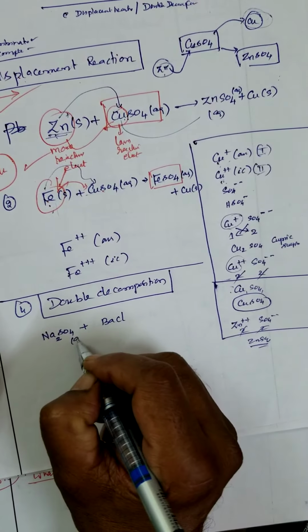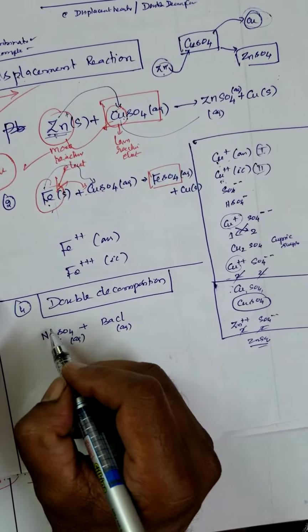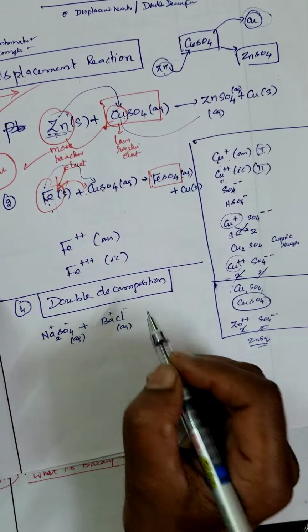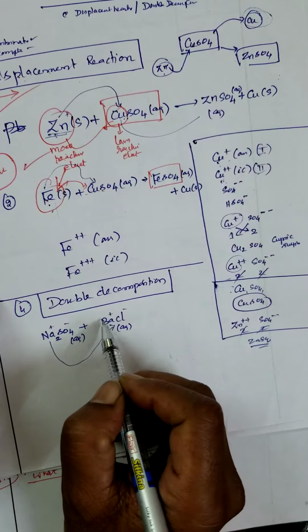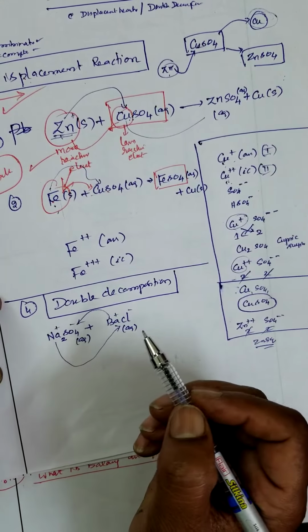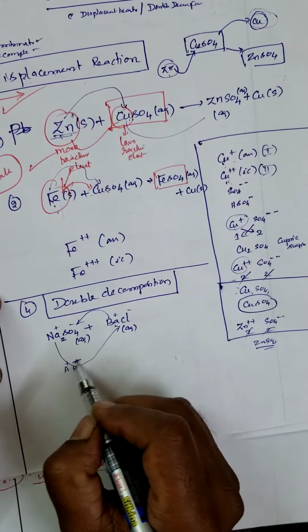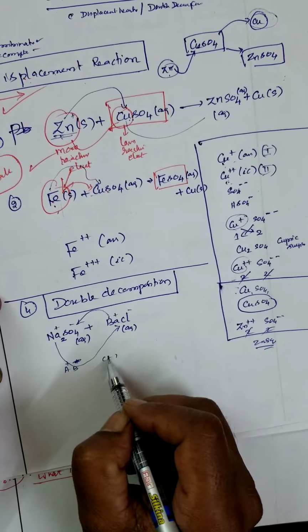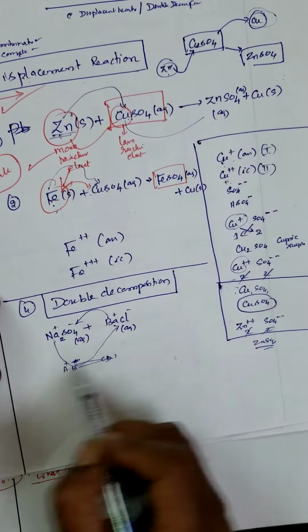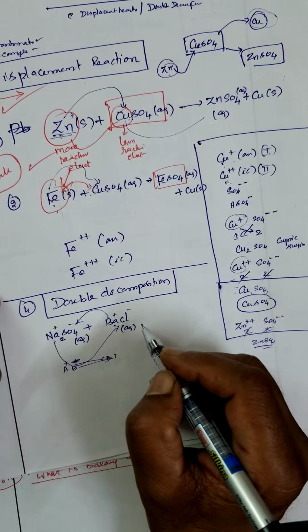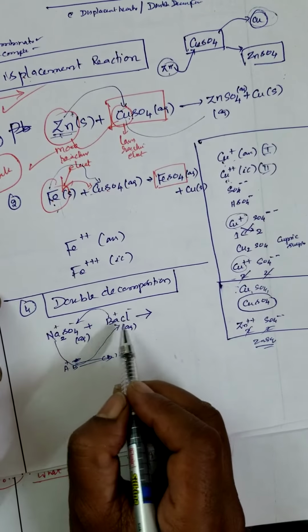Sodium sulfate equals barium chloride equals, here what? This is positive, negative, positive, negative. Here what happens? This positive gets attracted by this negative, this positive gets attracted by this one. Therefore, what? A plus B, C plus D. No, this positive is attracted by this negative. I'll give the simple way. Here what you get? Sodium chloride.